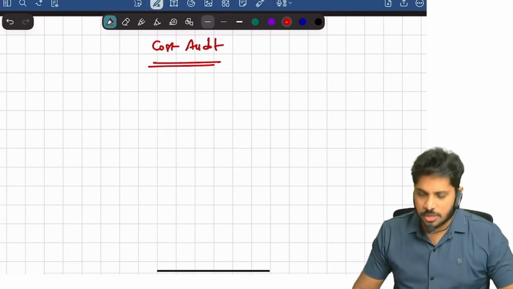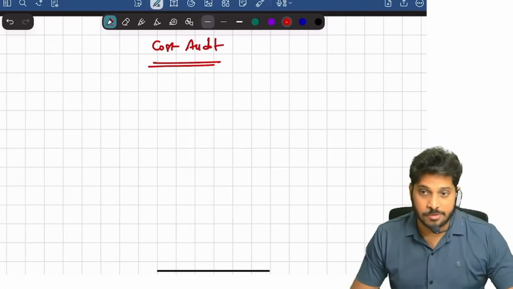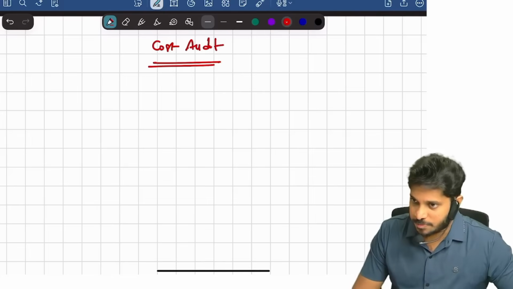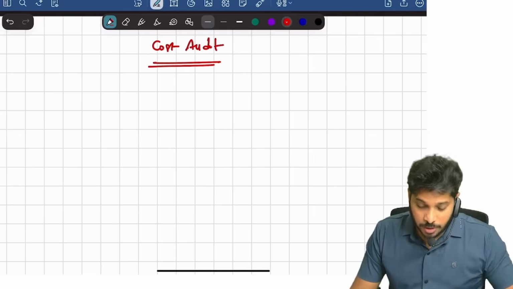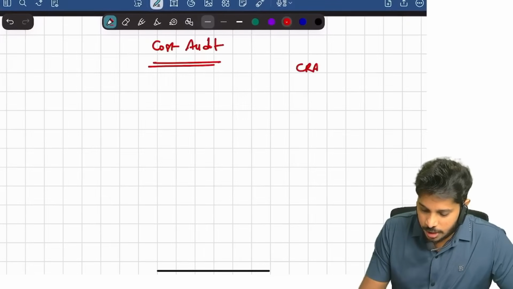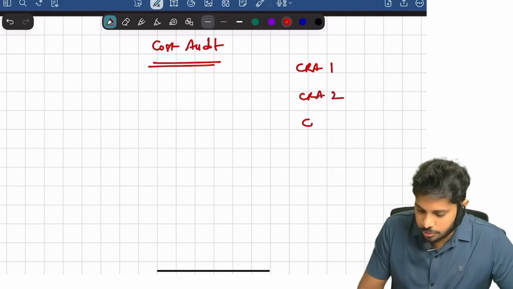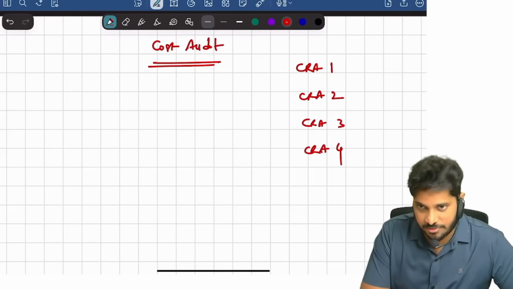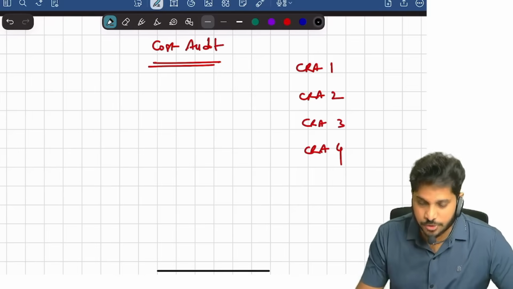Now in cost audit you will find 4 types of forms, which is important for MCQ purposes: CRA 1, CRA 2, CRA 3, CRA 4, in the cost audit chapter.